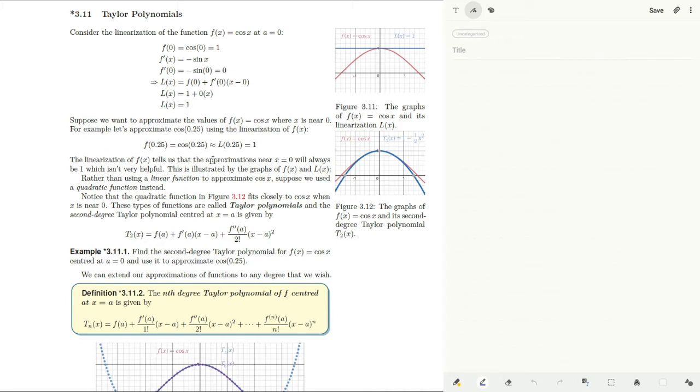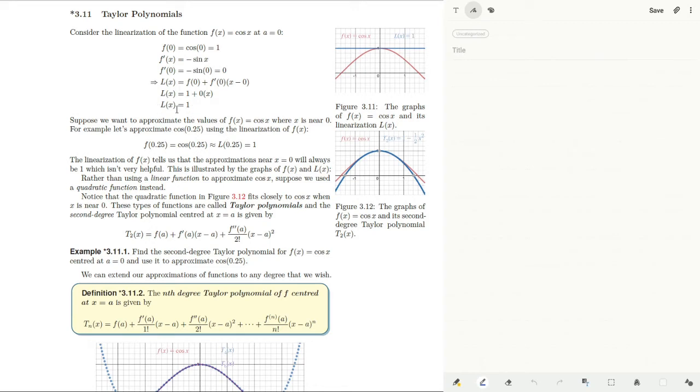For example, let's approximate the cosine of 0.25. Now if we use the linearization, we know that f of 0.25 is the cosine of 0.25, so that means we evaluate the linearization at x equals 0.25.